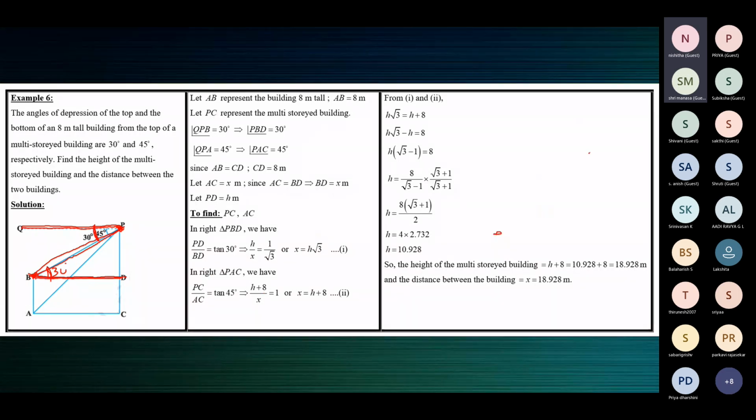Object is here, observer down, object up; observer up, object down. When you measure the angle of elevation and depression, you will see that they are the same. So these two horizontal lines will be parallel because the angle of elevation is equal to the angle of depression.